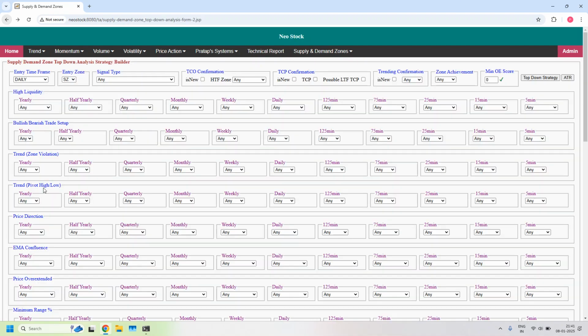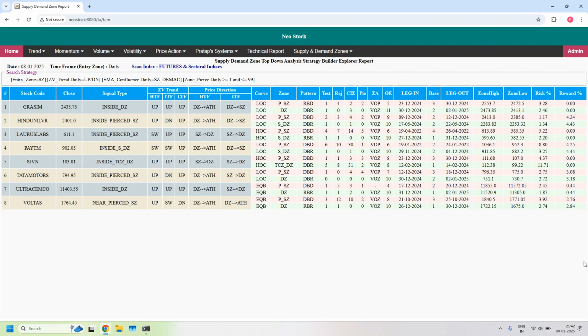Let us further filter. In the EMA Confluence, daily time frame, daily supply zone having daily EMA Confluence, and the trend on daily time frame should not be sideways, it can be up or down. So 8 stocks are filtered. These 8 pierced supply zones are having a daily EMA Confluence.